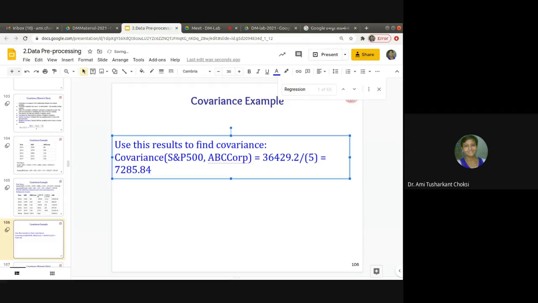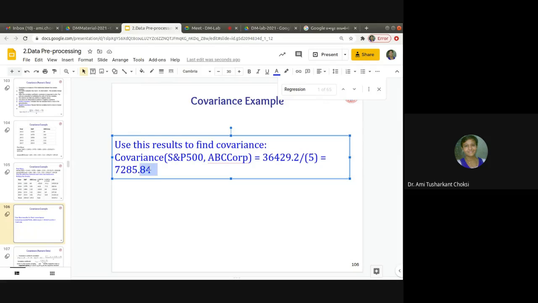So whatever is the equation, you need to put the values in it and find the value. That is the covariance. This is greater than 0. So what do we say? That these two variables are in positive correlation.